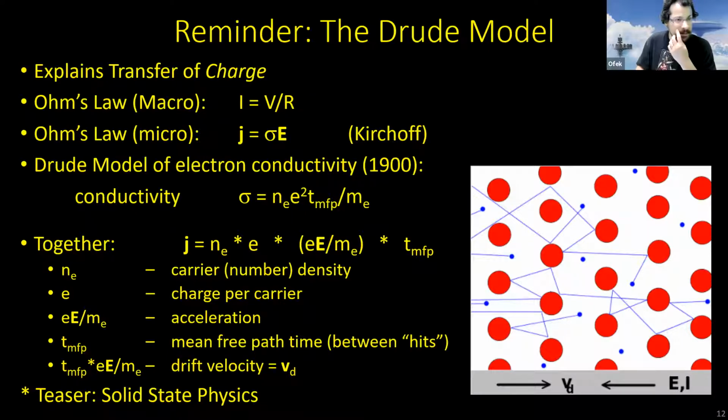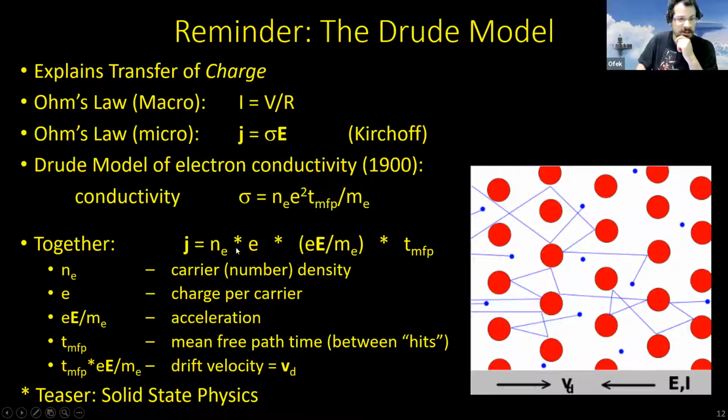And so if the field is constant, then you can assume that this acceleration is constant. How long will it operate for? An average time, which we call tau, the mean free time. That is the time during which the electron can move uninterrupted as a free particle until it hits something. And that gives you everything you need.